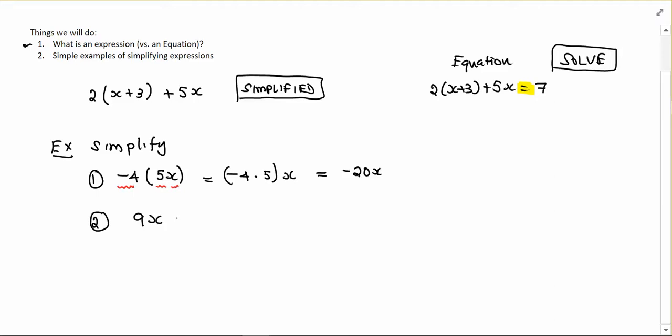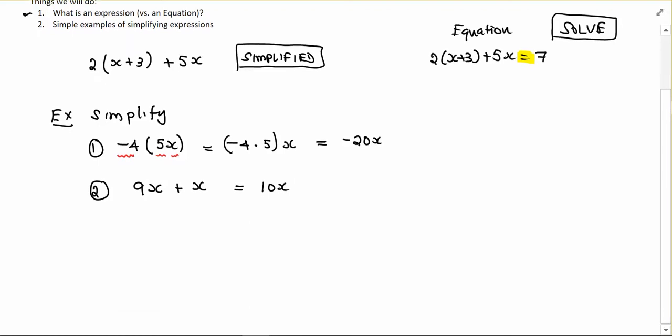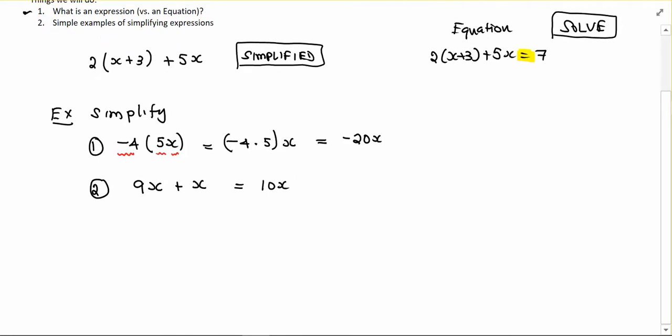9x plus x. Okay. Now this one here, some of you already know what the answer is. You're probably thinking ahead and saying the answer to this is 10x. Fine, that's true. But let's dive a little deeper and make sure we understand why that is 10x.